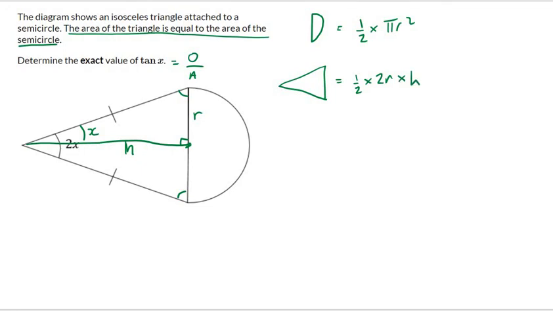We know these two things are equal, so let's set them equal to each other. Half pi r squared is equal to a half times 2rh. We could multiply both sides by 2, and we get pi r squared equals 2rh. We could divide both sides by r, so we get pi r is equal to 2h.